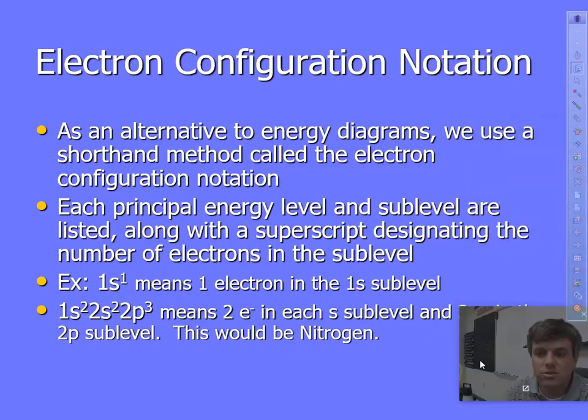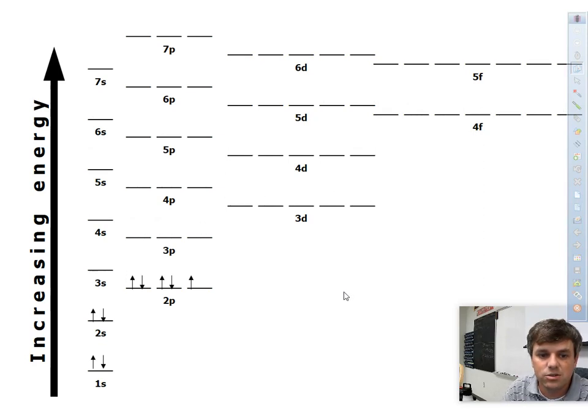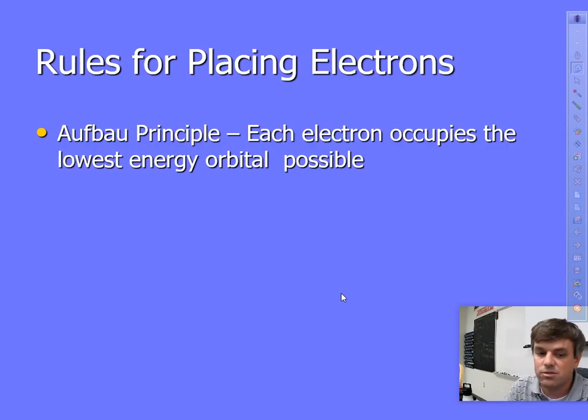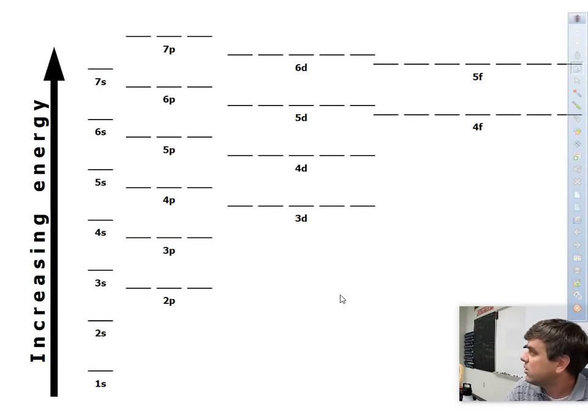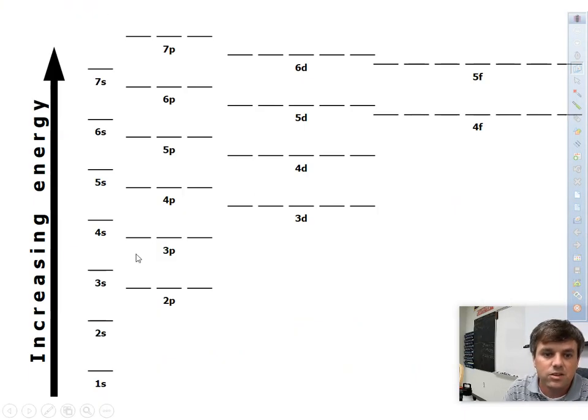So if we go back to the orbital diagrams, let's say we're going to do an electron configuration for phosphorus, which is element number 15 on the periodic table. It's this one right here. So for phosphorus, we have 15 electrons.